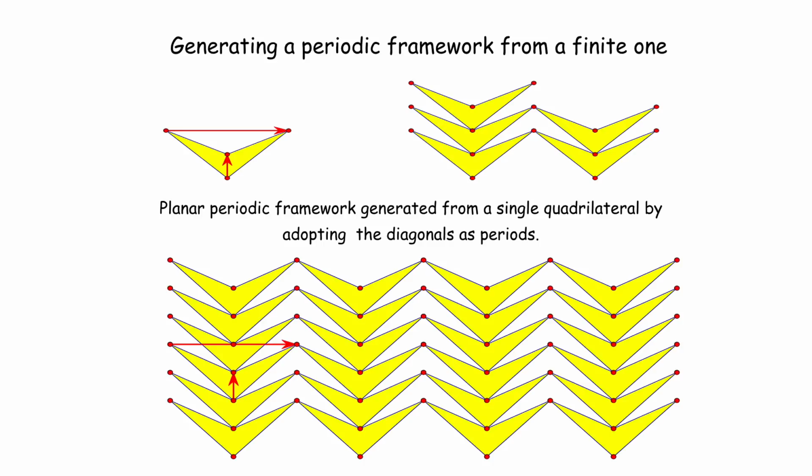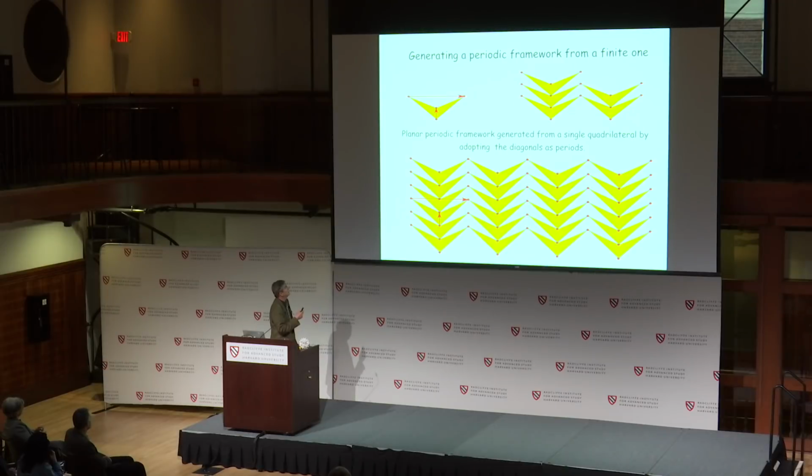So I'm going to take this humble quadrilateral and translate it by that vector, then by this vector, and begin to generate this infinite array, which you see progressing over here.